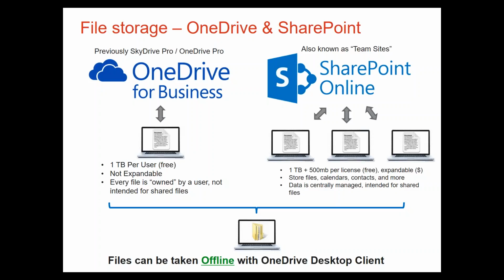So we typically recommend that anything that you really want to share with a lot of other people or across your organization, you don't actually store in OneDrive. You store that in SharePoint, which is more designed as a team sharing collaboration site. So you also get a terabyte of storage in SharePoint, a SharePoint site, plus 500 meg per user.